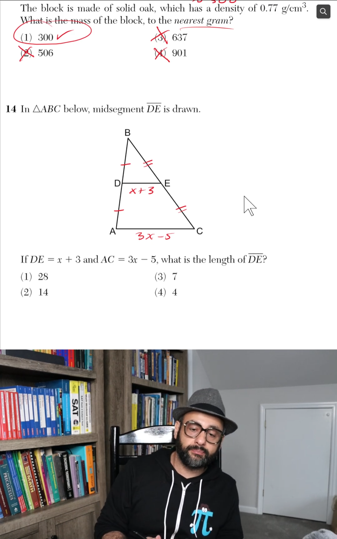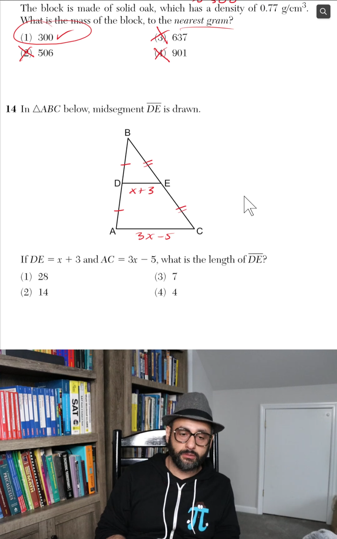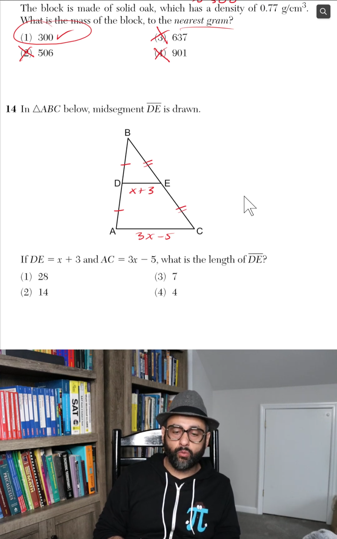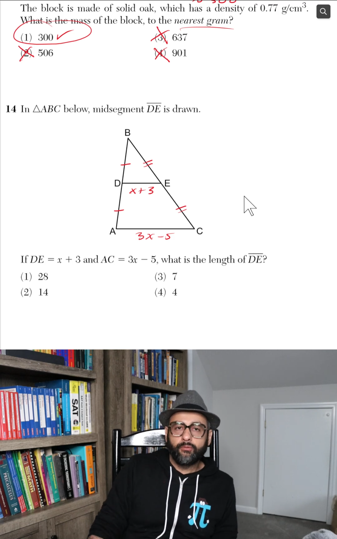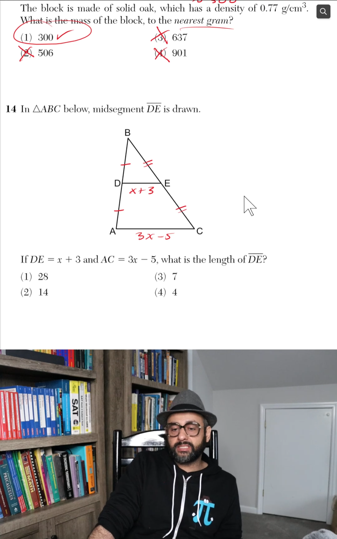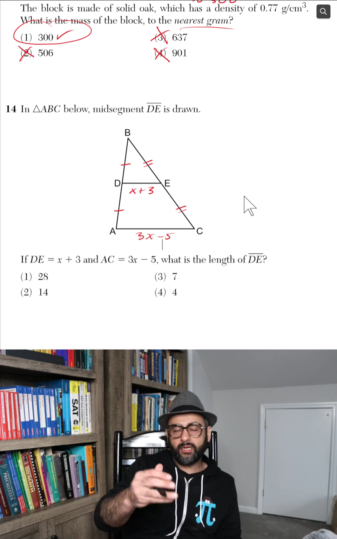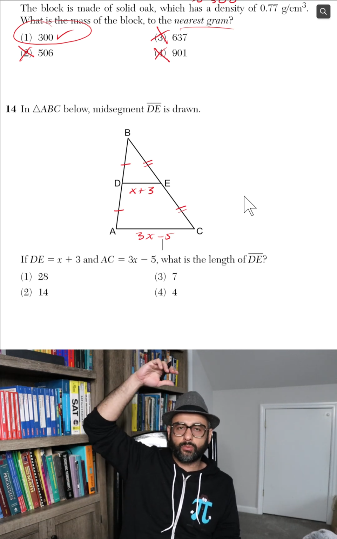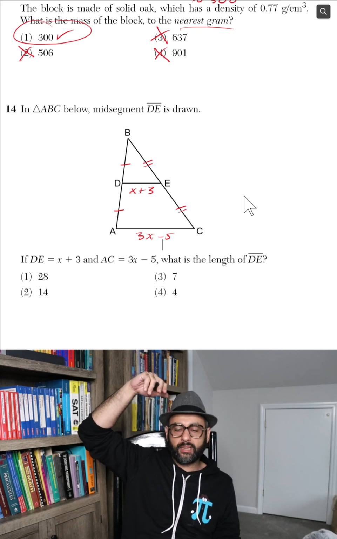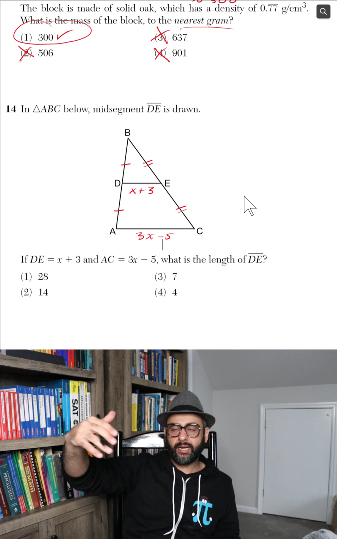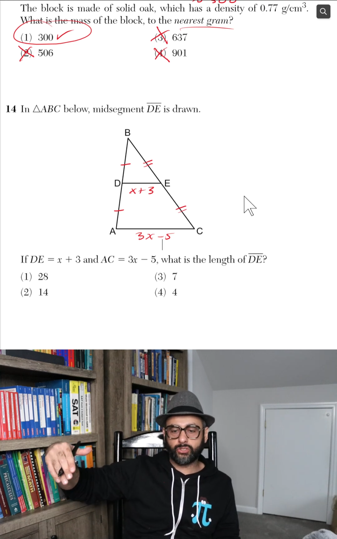Unfortunately, with this problem, there's no numbers to compare. So we are limited a little bit in what we can do for a process of elimination. But since they did ask for the length of DE, it is possible to test answers. For example, if you assume that the length of DE is any of your choices, 1, 2, 3, or 4, then you could plug it in, get X, and then get AC, and make sure that AC is double.